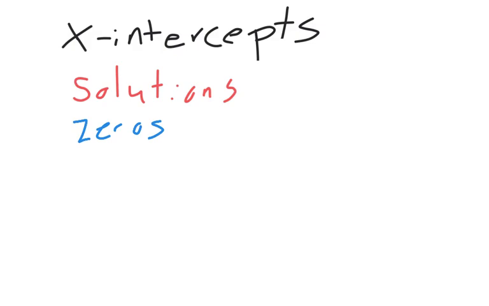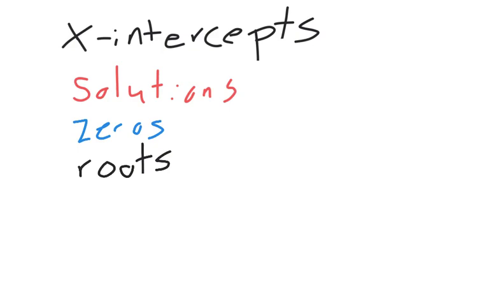It could be called the roots. Roots is kind of the old school word. Back in the day, they would have used roots the most. For me, you will hear me say roots and x-intercepts the most. Those are the ones I use.